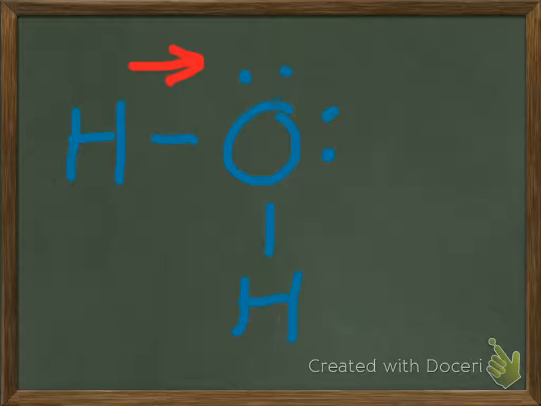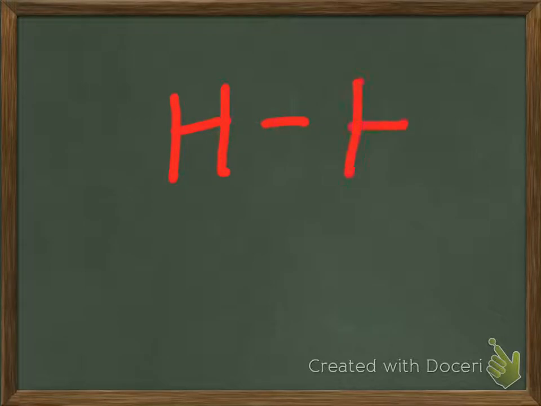So, as long as my bonds are not the same, or the element is not the same. So let's say I had hydrogen bonded to another hydrogen. Well, in that case, since they have the same electronegativity or same strength, the pull on these two electrons right here in the middle would be exactly the same. And so those electrons would not shift one direction or the other.